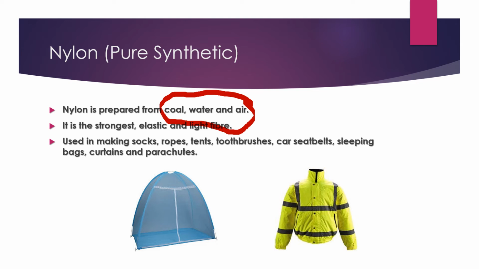I think more than 60% of materials that you use are made from nylon. It is used for making socks, ropes, tents, toothbrush, car seat belts, sleeping bags, curtains, parachutes, parts of car. There are an endless number of uses for this particular nylon, even your ribbons.